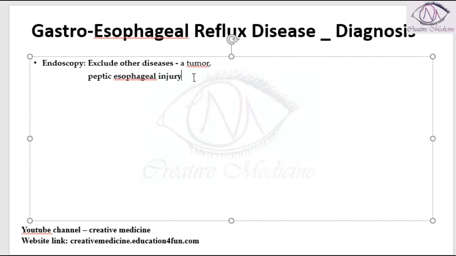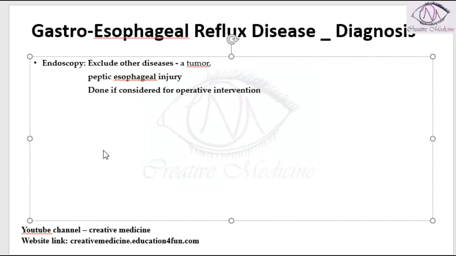It is essential if surgery is planned, or if the patient is considered for operative intervention, then definitely we can do endoscopy. But actually it is preferred in patients with gastroesophageal reflux disease.